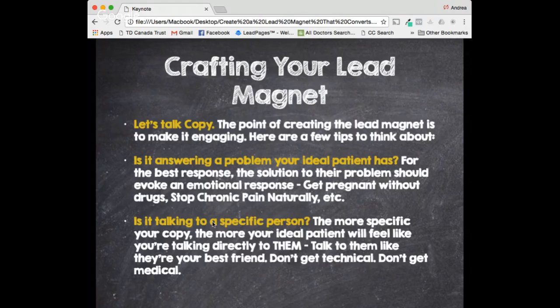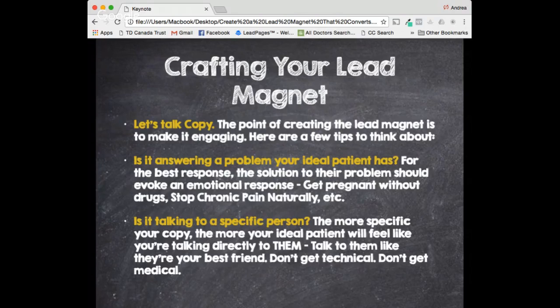And then again, with talking to a specific person, this is coming back to your target audience. Are you really targeting the exact person that you want to be talking to? If you're not talking directly to them, they're most likely not going to think that it's for them. So for instance, with my target market, I predominantly talk to women that are 35 to 60, that are busy moms.